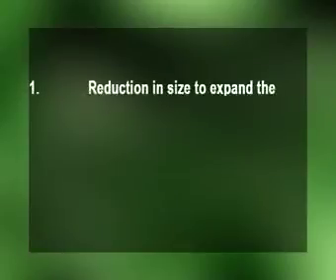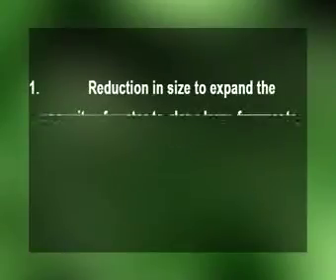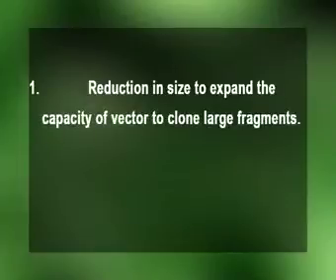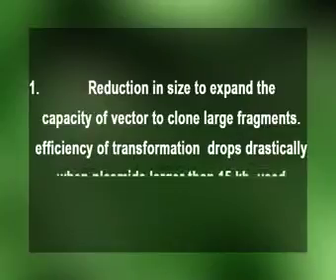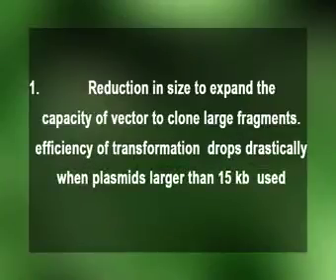Number 1. Reduction in size of vector to a minimum to expand the capacity of vector to clone large fragments. Since the efficiency of transformation of bacterial cells drops drastically when plasmids larger than 50 kb are used, the size of cloning vector should be small, preferably 3 to 4 kb.